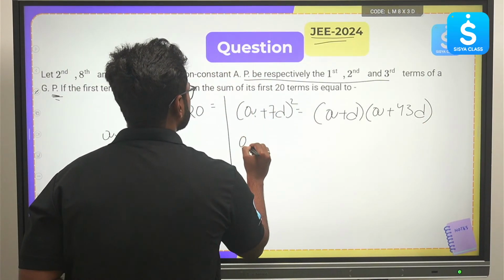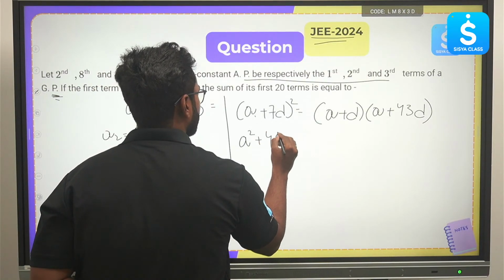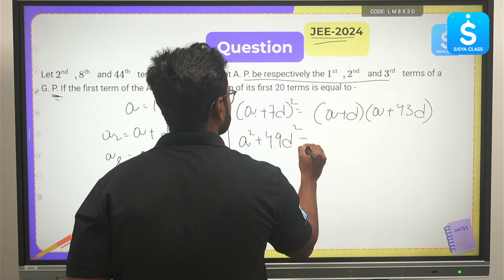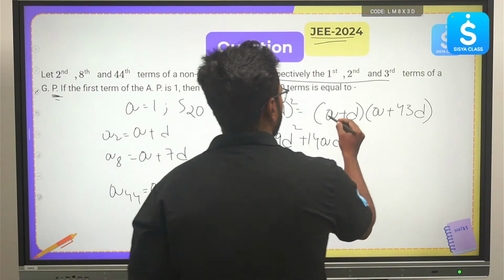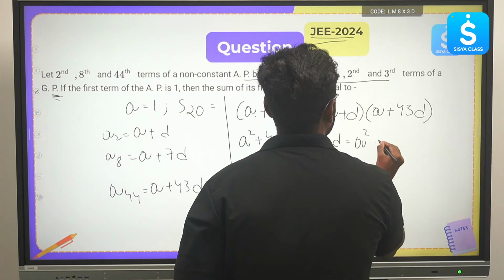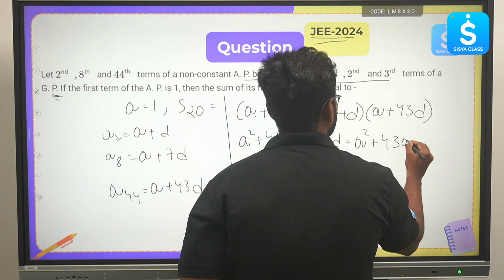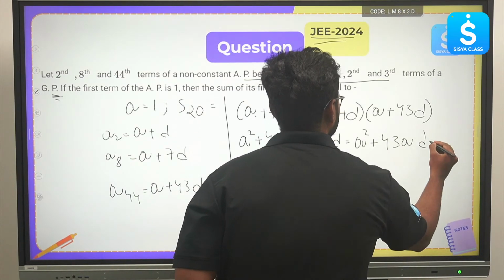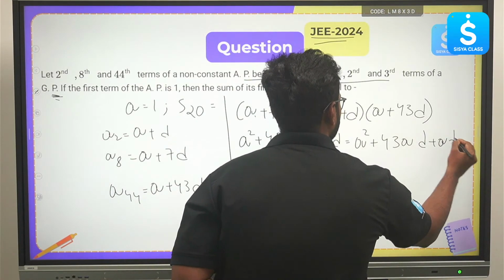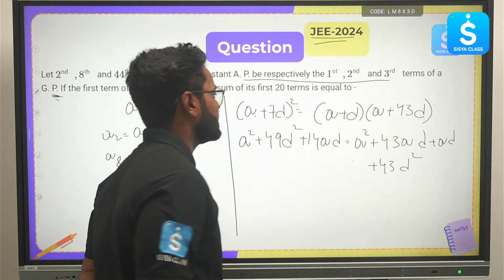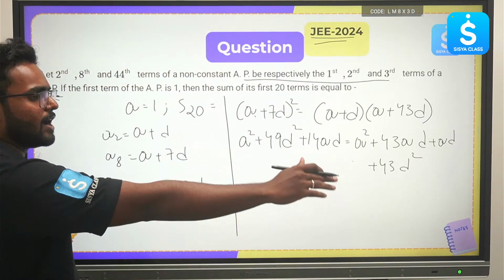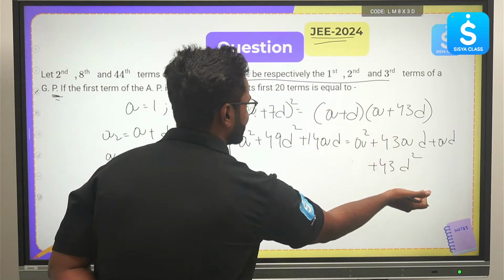This should be A square plus 49D square plus 14AD is equal to A into A square plus 43AD plus AD plus 43D square. Right? Clear until now? Let us take the RHS into LHS.